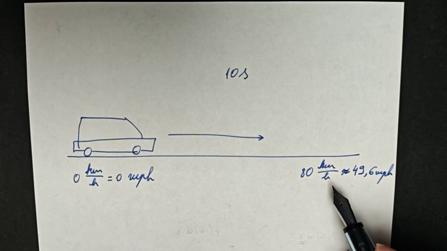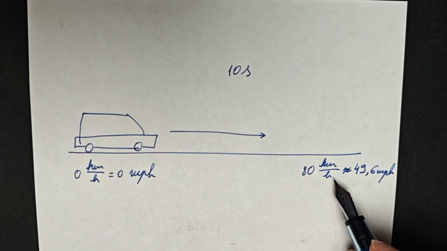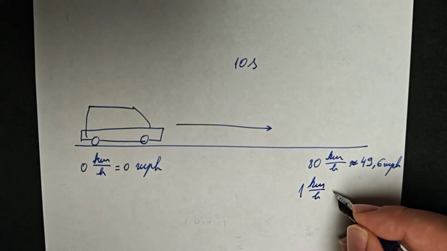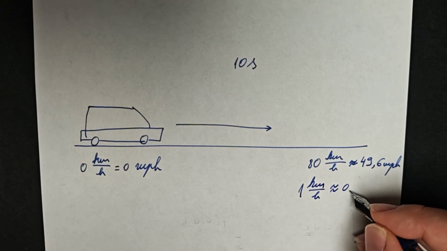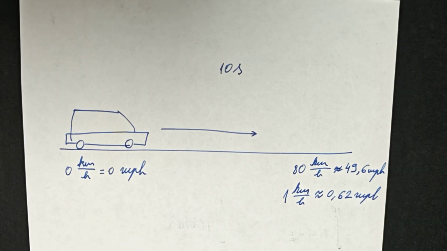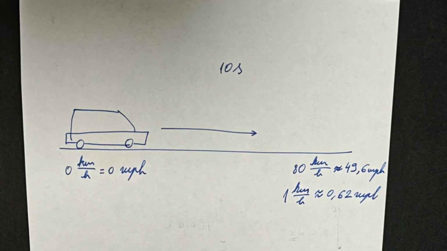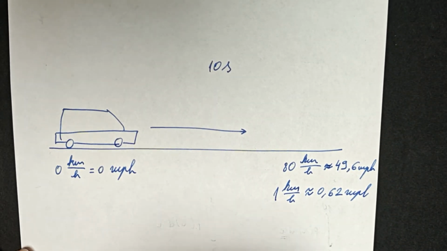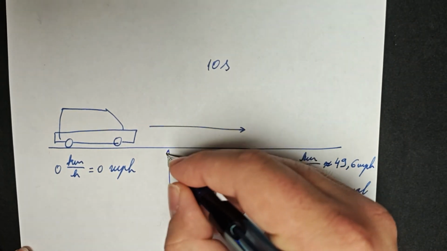Conversion from kilometers per hour to miles per hour is that 1 kilometer per hour is approximately 0.62 miles per hour. The question is, if the car goes from 0 to 80 kilometers per hour in 10 seconds, how fast is this car going at 3 seconds?